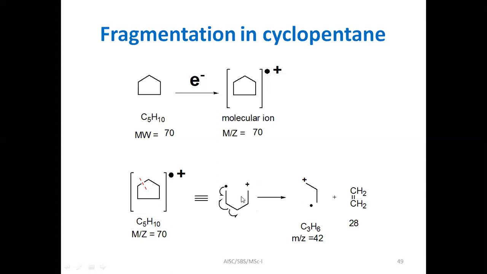So positive is written for this carbon, dot is written for this carbon, and this radical undergoes elimination of CH2: this single headed arrow makes a double bond, and this single headed arrow going down gives you the dot radical here. So that radical is C3H6, which shows m by z 42 here and loss of 28. So from the molecular ion, if you lose 28, you will get the 42 peak. So how does it lose?